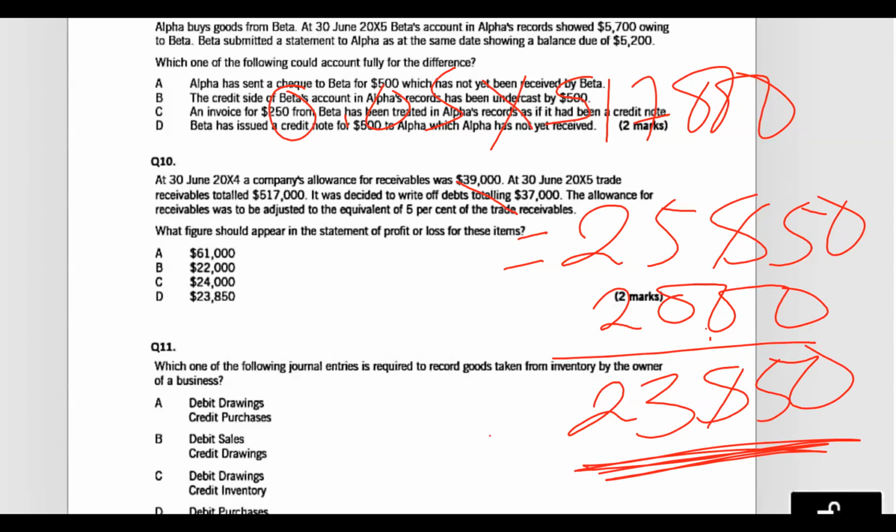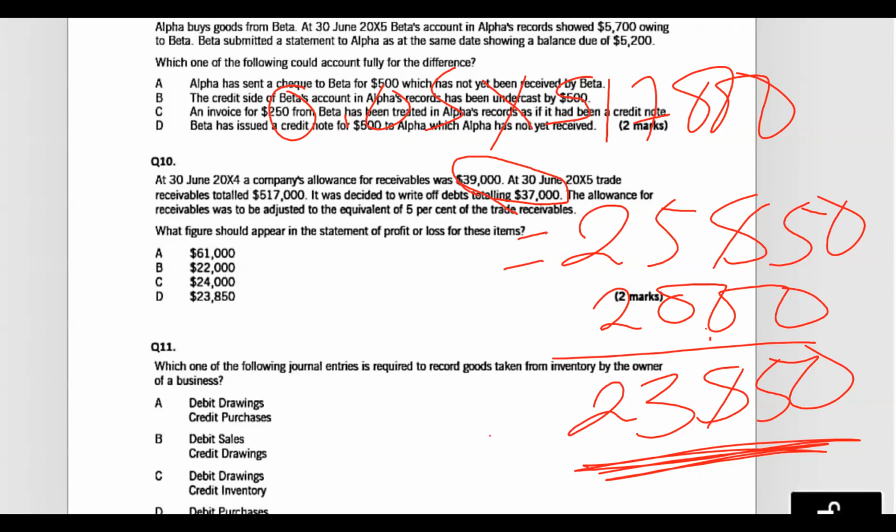Maybe before we proceed, I wanted to know where you're getting the 2,000 from. I think I'm a bit behind there. The 2,000 is coming from 39,000 minus 37,000. We had the total allowance for receivables, which was 39,000.